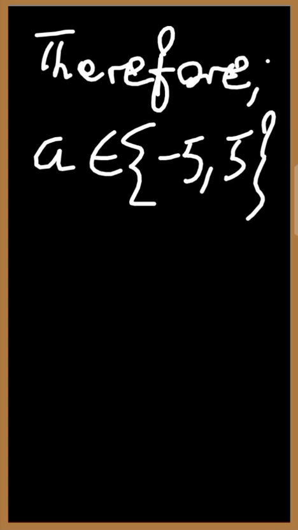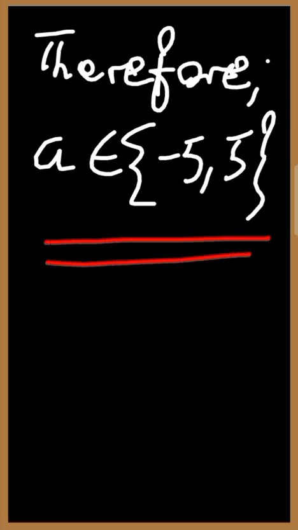We underline the solution set. It simply means if you take a to be negative 5 or you take a to be 5, it is a solution to the exponential equation a squared plus a squared is equal to 50.